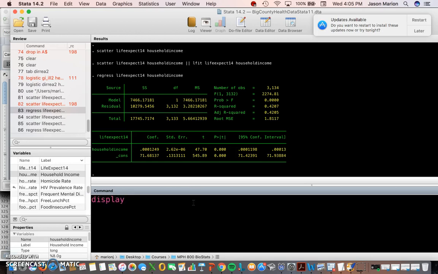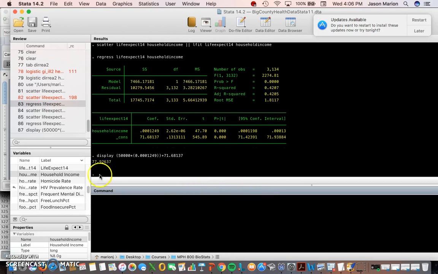If I was to try to figure out the life expectancy for a community that makes $50,000, so I want to know what y equals, then y equals $50,000 times our coefficient right there, 0.0001249, plus b, which is 71.68137.